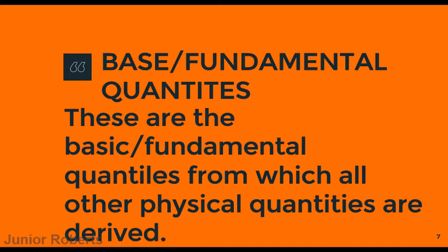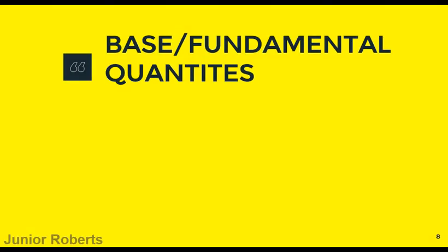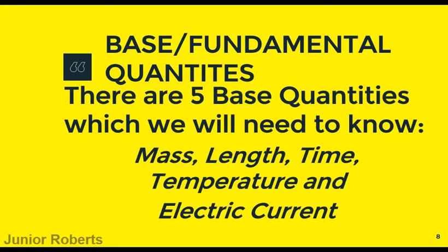Now we will look at the 5 base quantities which we will need to know. The 5 base quantities that we need to know are mass, length, time, temperature, and electric current. For our purposes, we will be interested in these 5 base quantities.